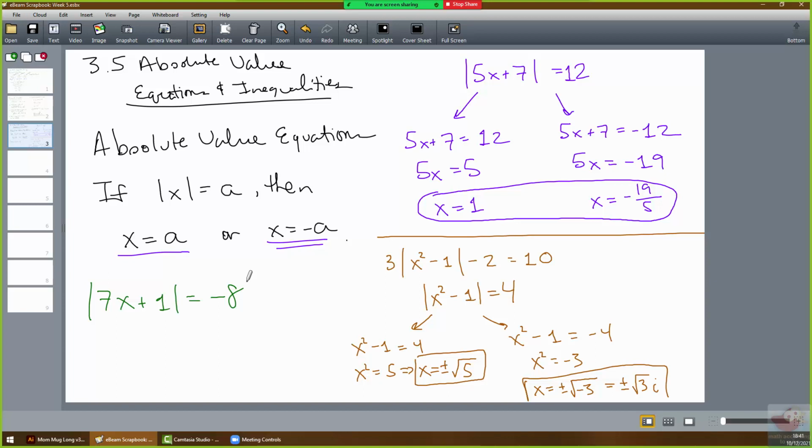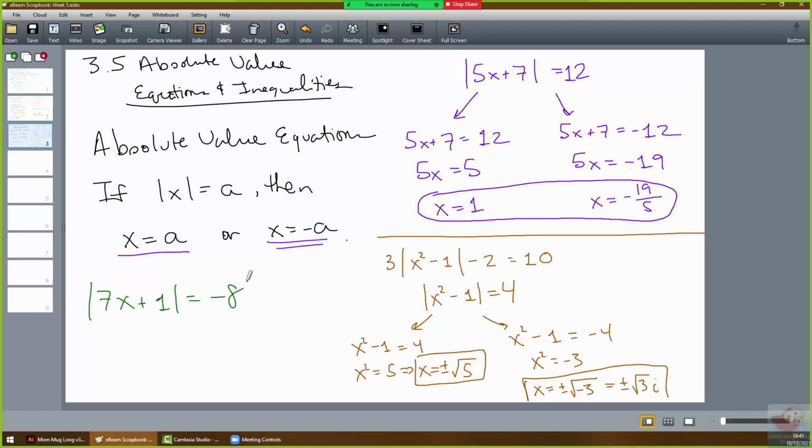So if we put in 0 for x, inside the absolute value we get 1. Absolute value of 1 is 1. How is this problem different than the other two? The 8 is negative.